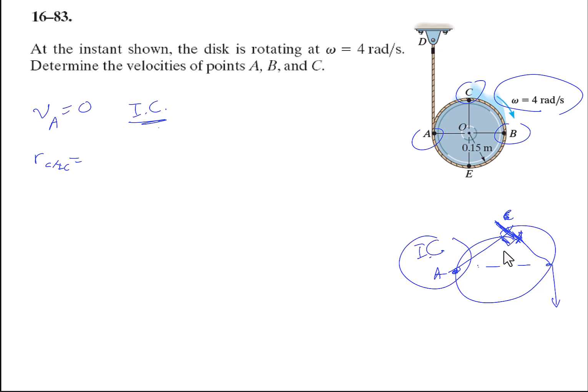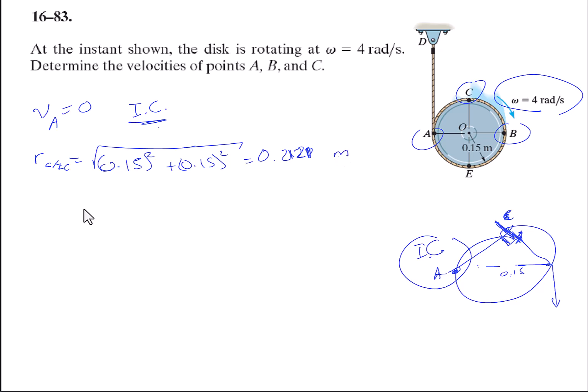This is 0.15, and this is 0.15, so this is the square root of 0.15 squared plus 0.15 squared, which is 0.2121 meters.